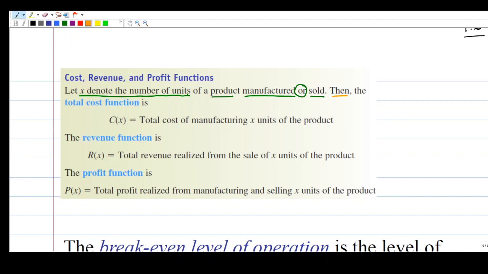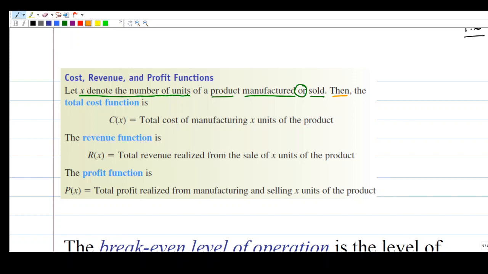Then the total cost function is capital C as a function of X, equal to the total cost of manufacturing X units of the product.